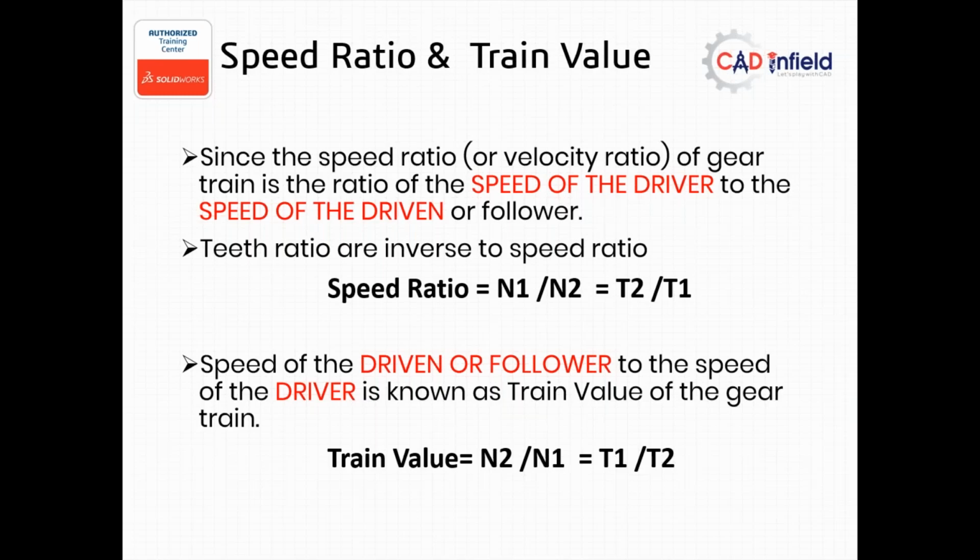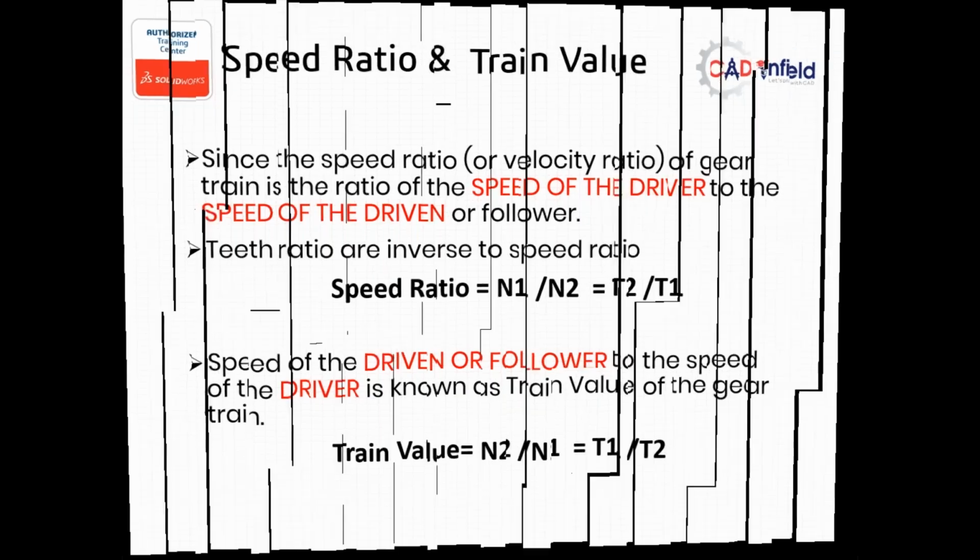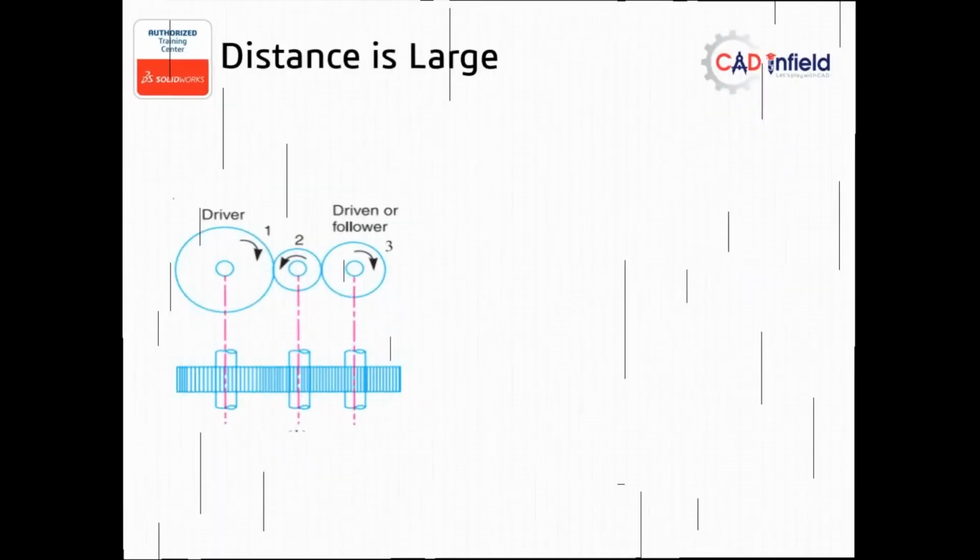Very simple. Many times this calculation comes into the picture where they ask you to calculate the train value. Even a few GATE exams, and a few IAS exams also, have asked about the train value. So the inverse of speed ratio is train value. All other things are the same.